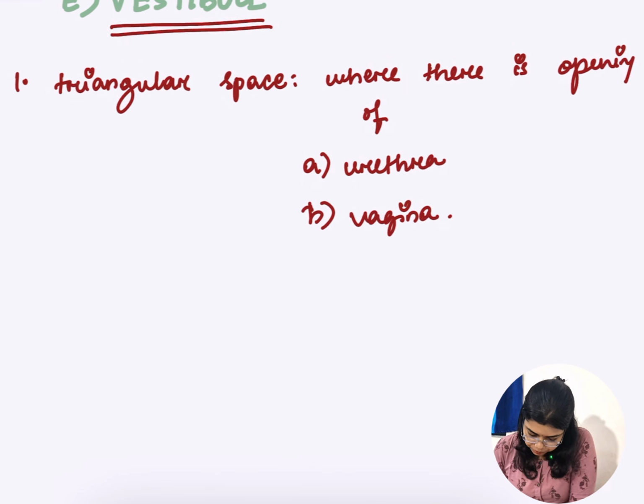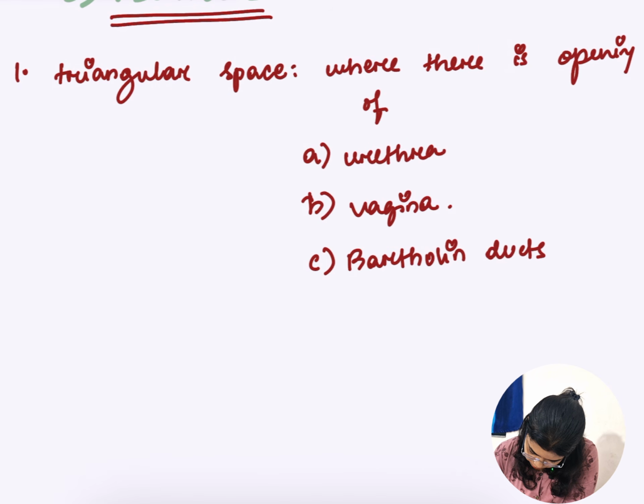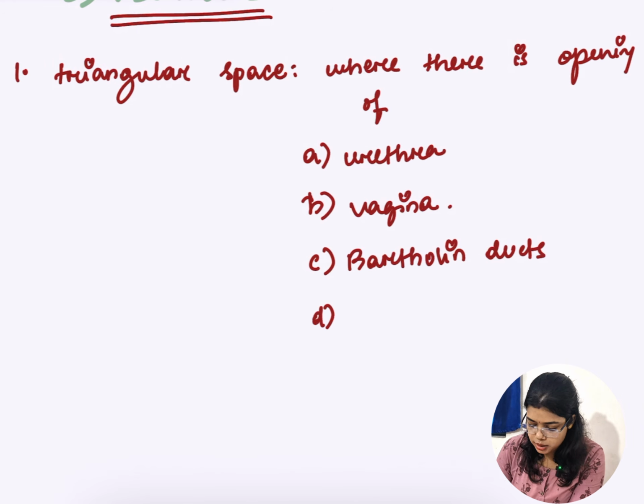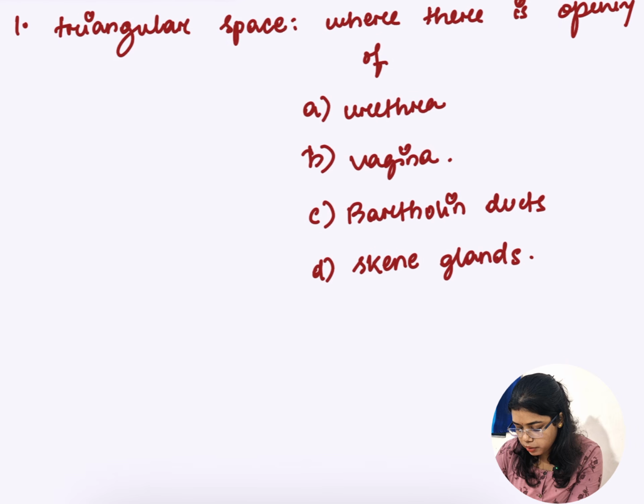And also Bartholin ducts. And around the urethra, what are there? Skene's glands. So you can also write Skene's glands, also called paraurethral glands, that are present alongside the urethra. Fine.